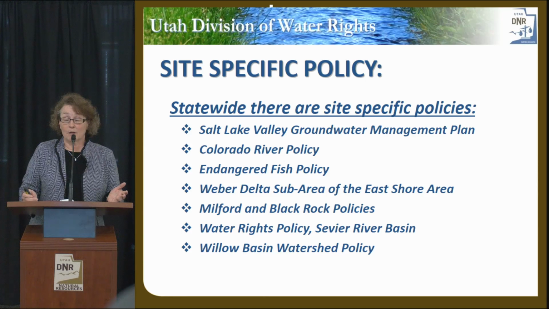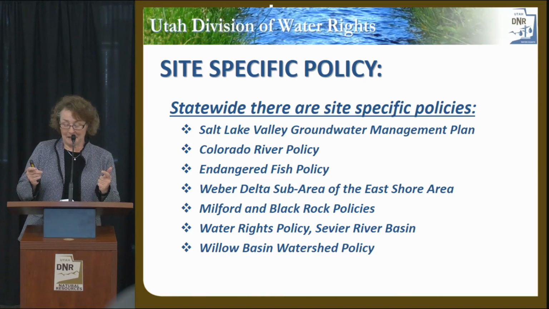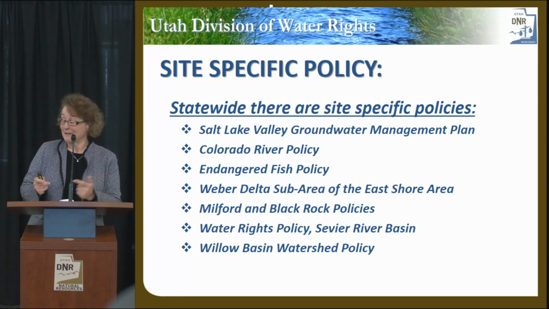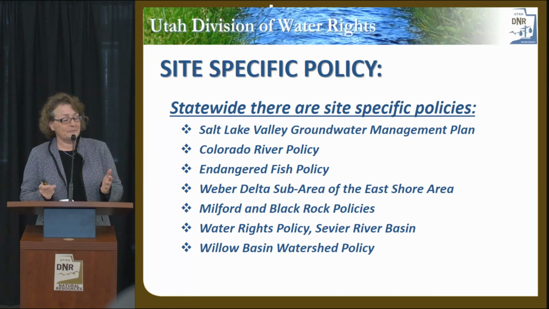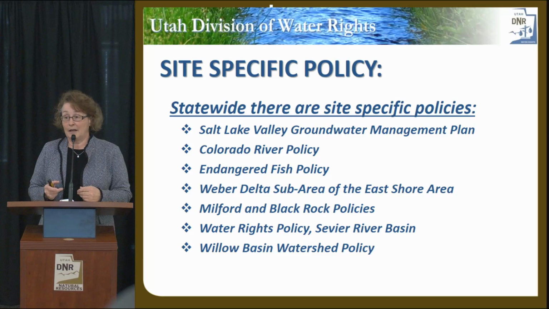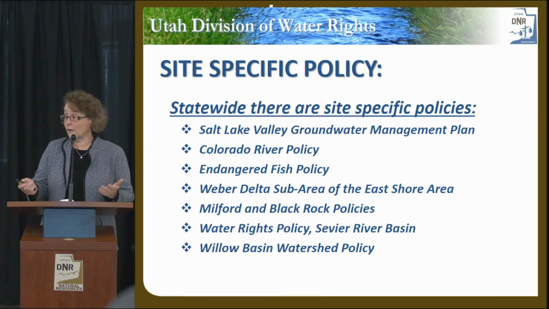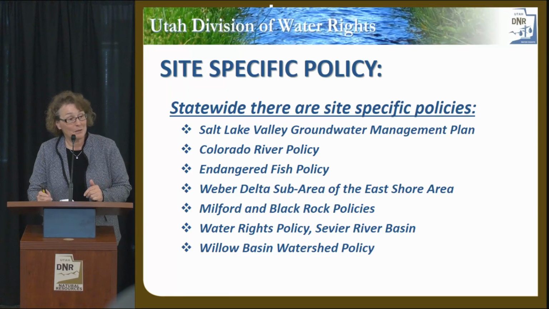There's Milford and Black Rock policies down south in Nate's area. There's various water right policies within the Sevier River Basin in Kirk's area. And I can't quite read the last one on that bullet, but you guys can. Willow Basin watershed. So it's just an example to let you know that there are various policies that the state engineer has adopted that you need to be aware of wherever you're working. And I would recommend just going out, taking a look, and making sure you're aware of them.